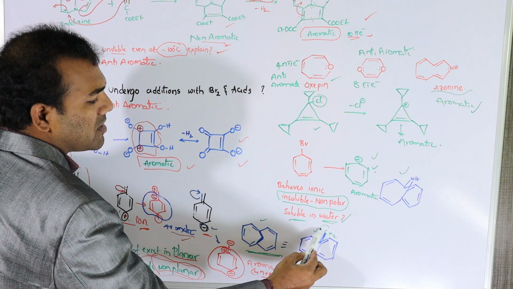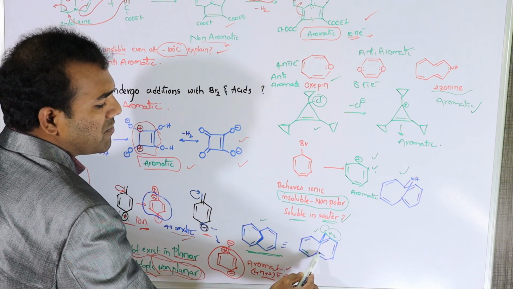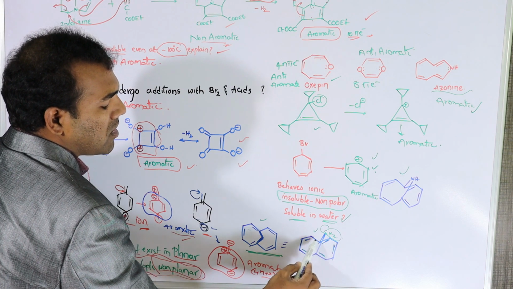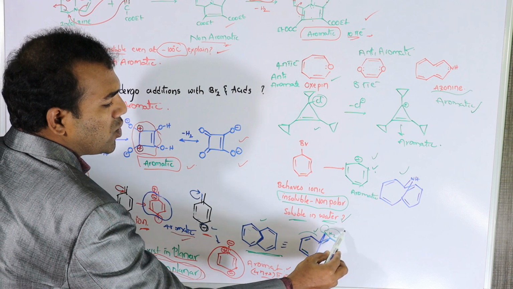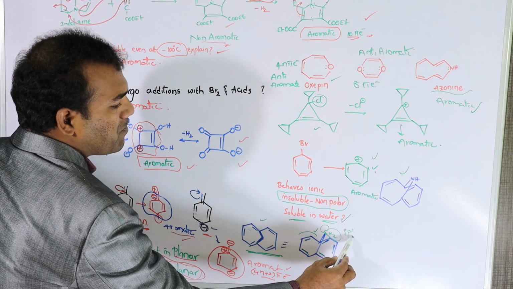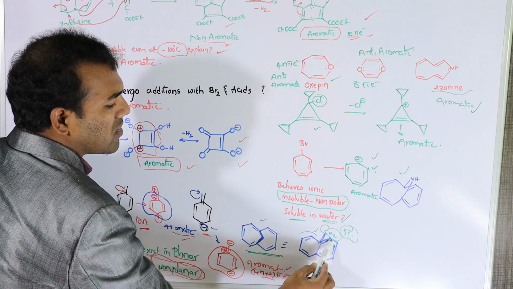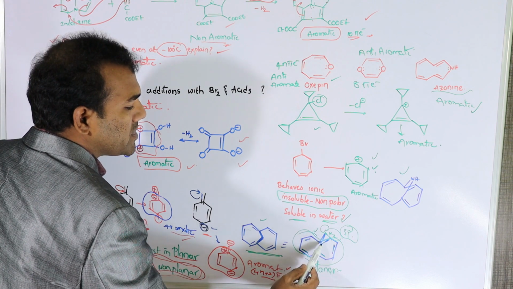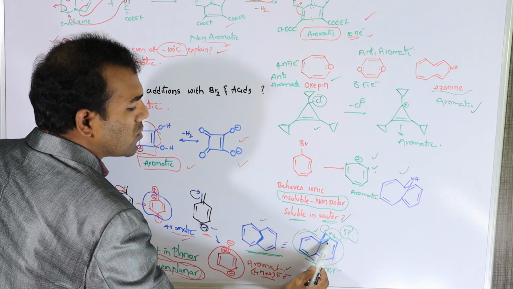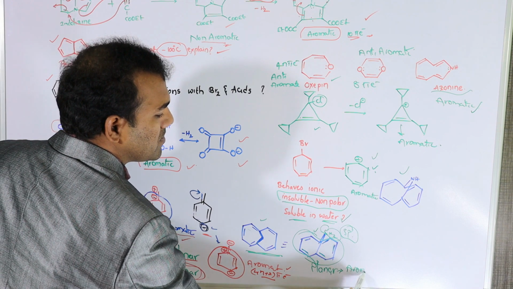Because it is substituted by a CH2 group, and also there is a possibility of delocalization of pi electrons, there are conjugated pi bonds, and this CH2 group, even though it is an sp3 carbon atom, is not disturbing the delocalization of pi electrons. It is a planar one. It is bypassing the pi electron cloud. So we can say that this is an aromatic compound.